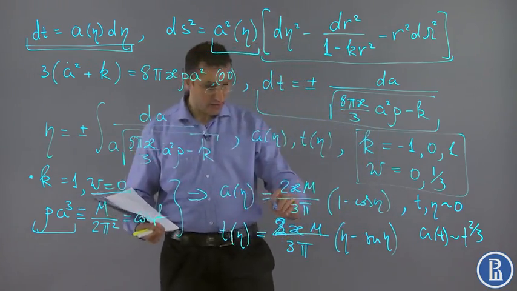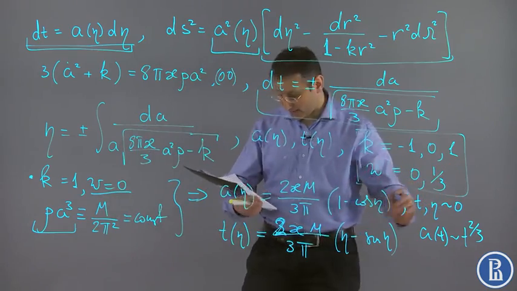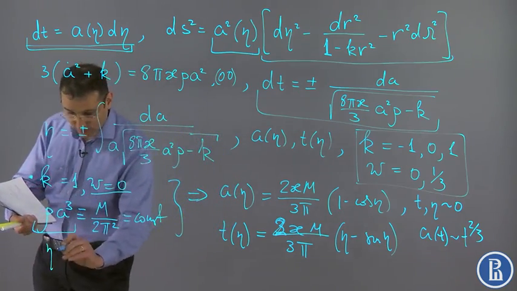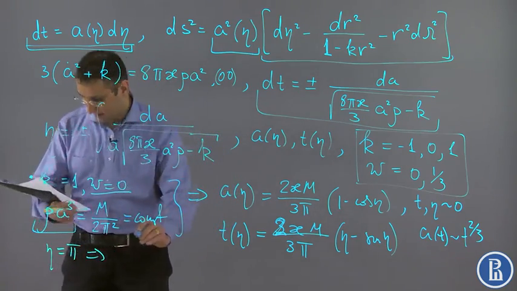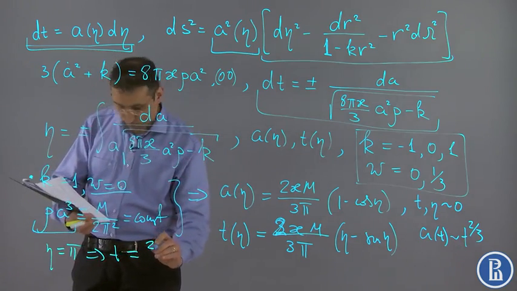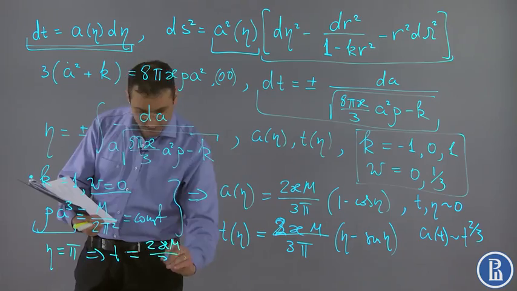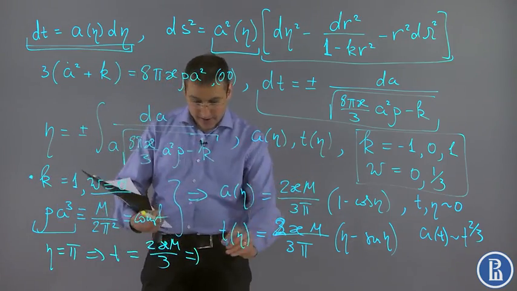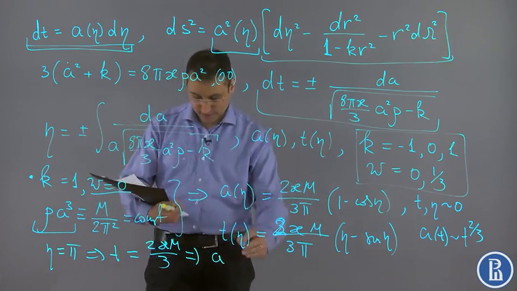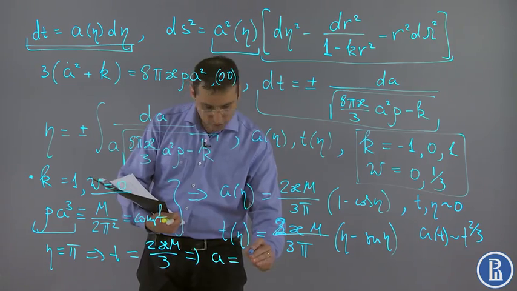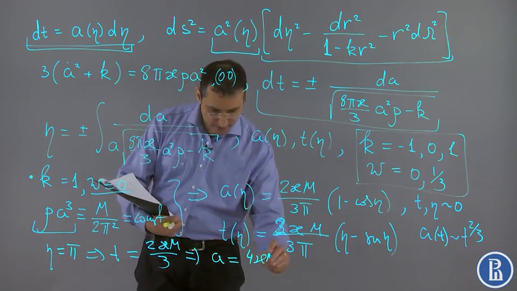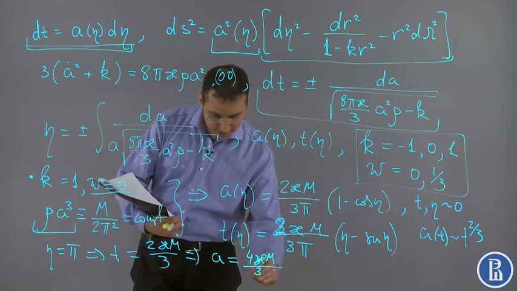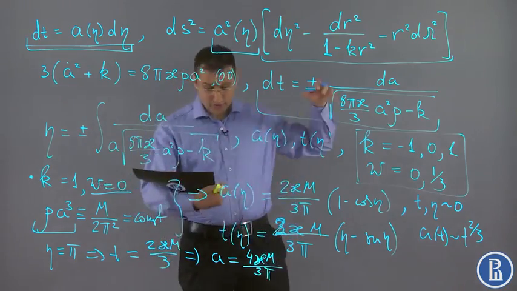Then as eta goes by, at eta equal to pi, and hence t equal to 2 kappa m over 3, the universe reaches its maximal size equal to 4 kappa m divided by 3 pi, and then shrinks back.